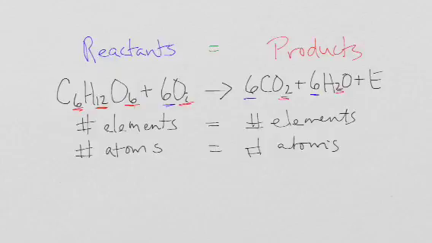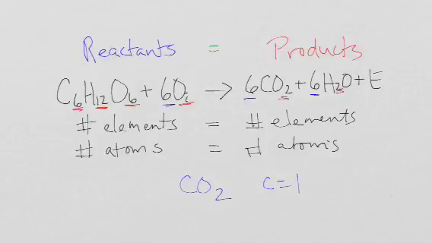If I have something like CO2, how many elements do I have there? I've got 2 elements. I've got carbon bound to oxygen, correct? Now, if I ask you how many atoms of each do I have? How many atoms of carbon do I have?